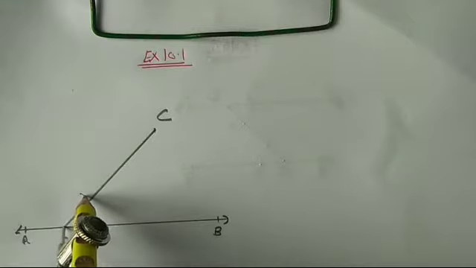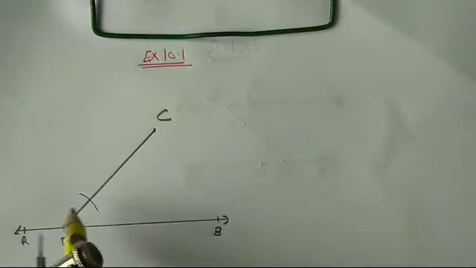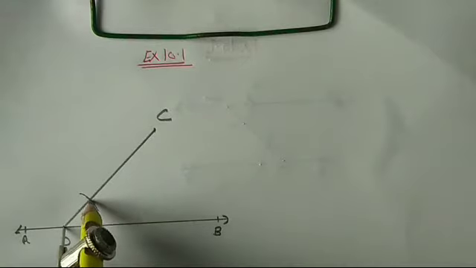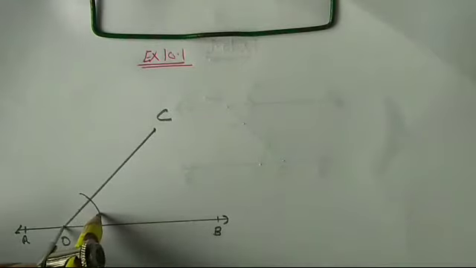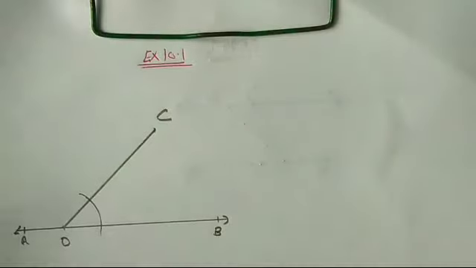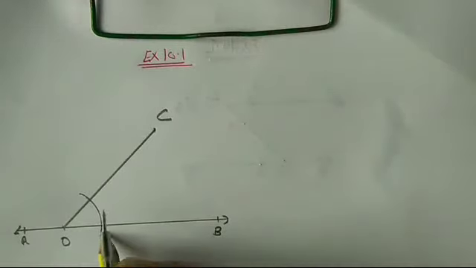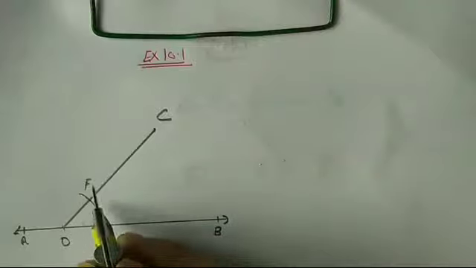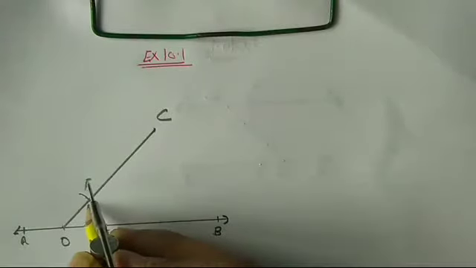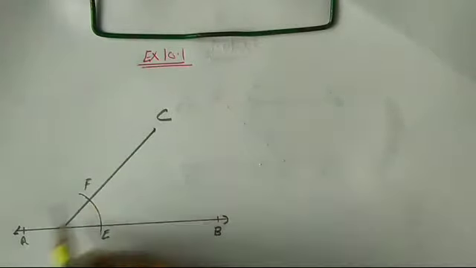Now, taking D as a center, we are just cutting an arc. Then we mark this as point E and this as point F. F is the point of the arc which is intersecting this line CD.